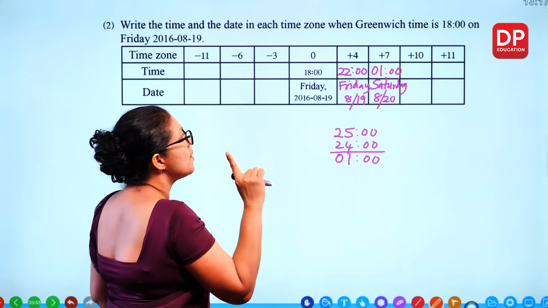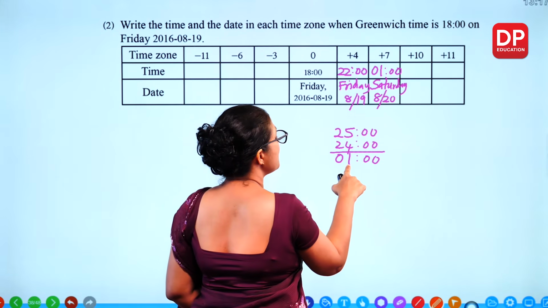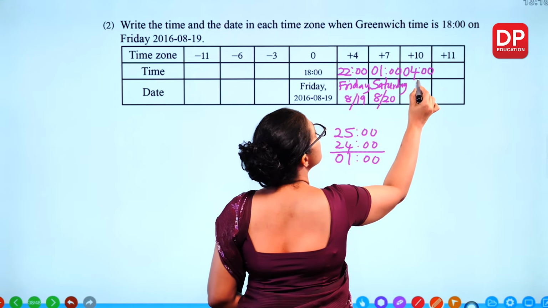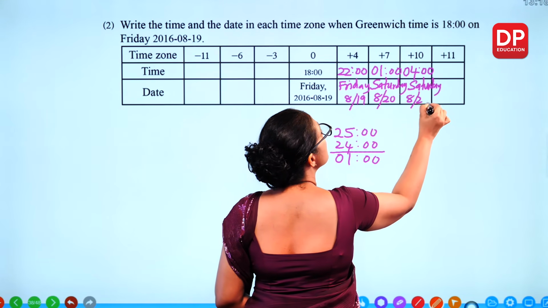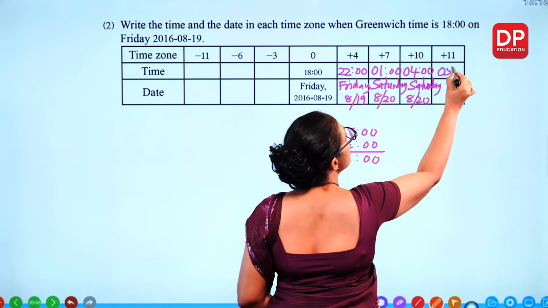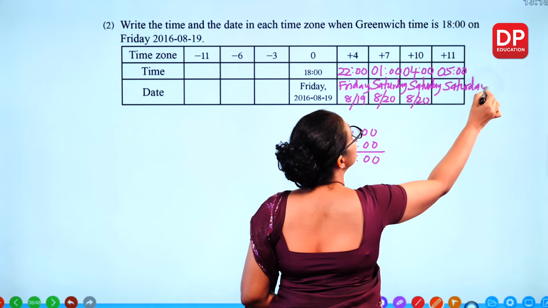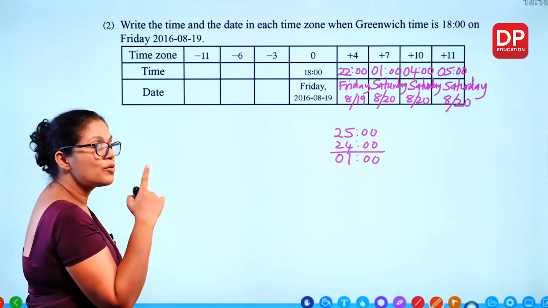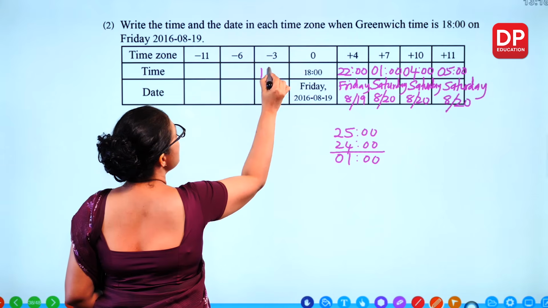August 20th now. Plus 10 means adding 3 hours more. 1 plus 3, you get 4. 4 in the morning, but same day, Saturday, 8/20. Plus 1 more, that's 5 in the morning. That's Saturday, 8/20. Now, minus 1, so you have to subtract the time. 18 minus 3, 15.